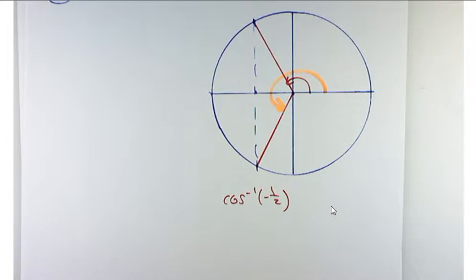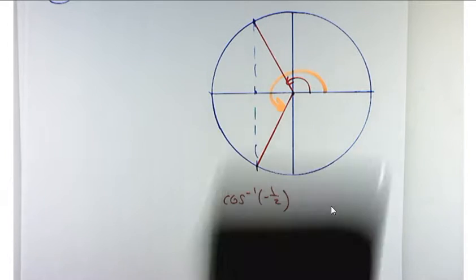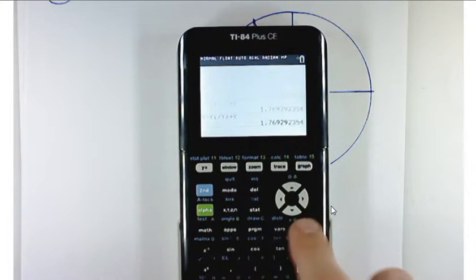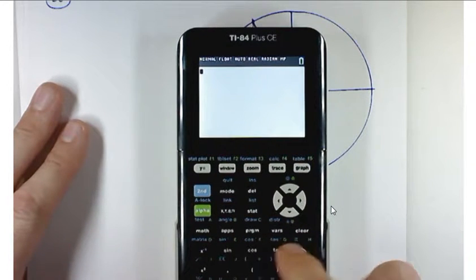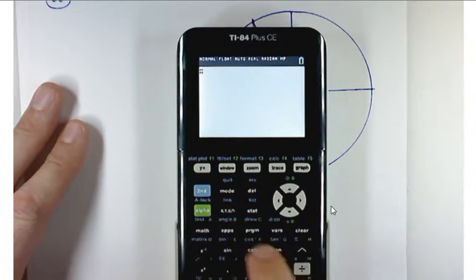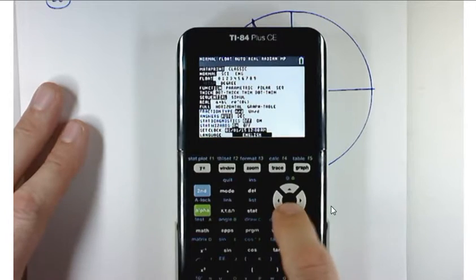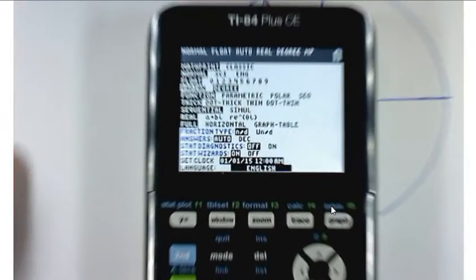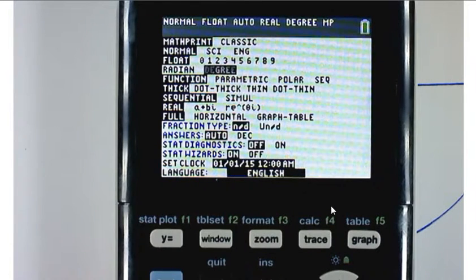Let's put our calculator in degree mode, just for the moment. Now typically I'm going to ask that these problems be answered in radians, but sometimes we'll work with degrees. And quite honestly, it's hard to work in radians sometimes because you just don't know what these points are. So hit the second key, then you know what? We got to put it in radian or degree mode first. So hit your mode key, go over to degree, and press enter. So now it's in degree mode.